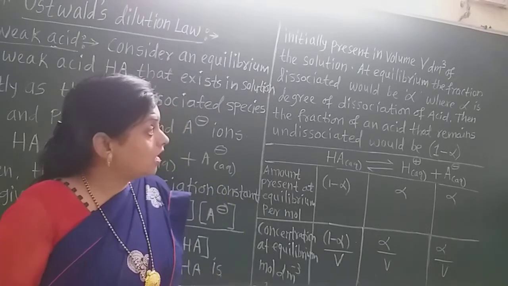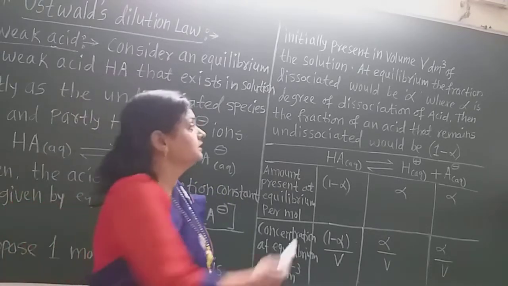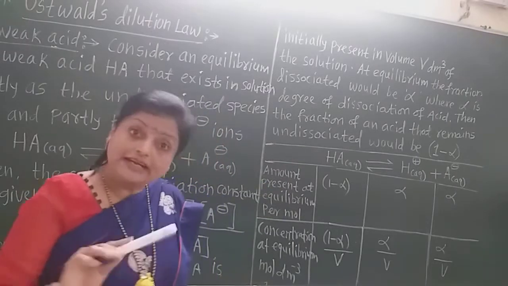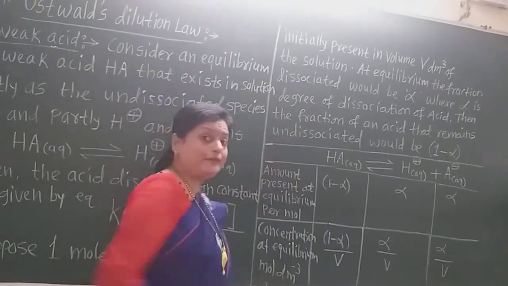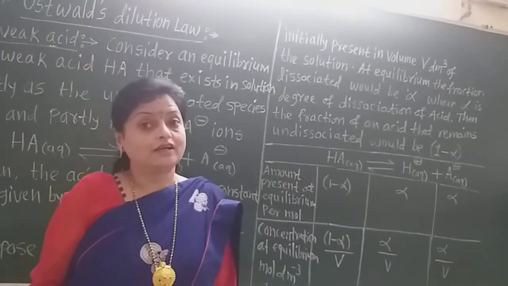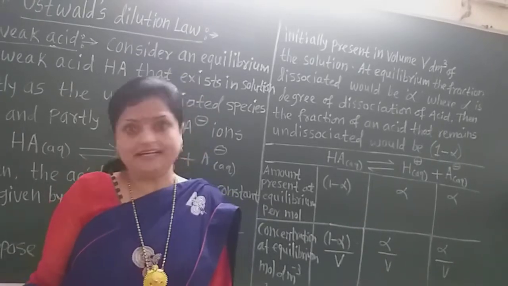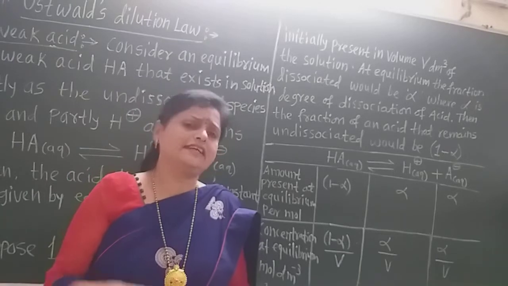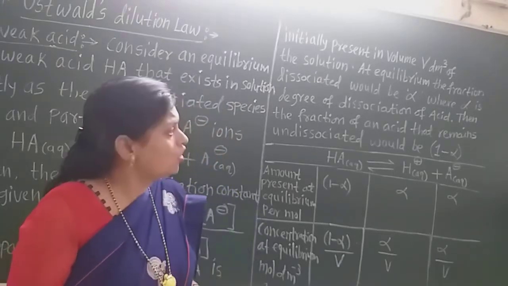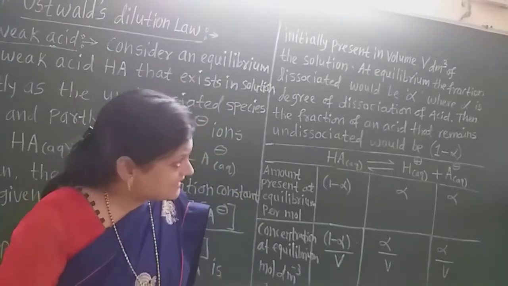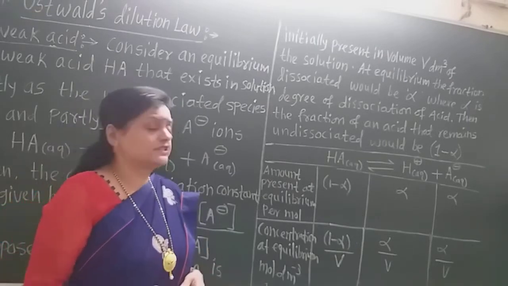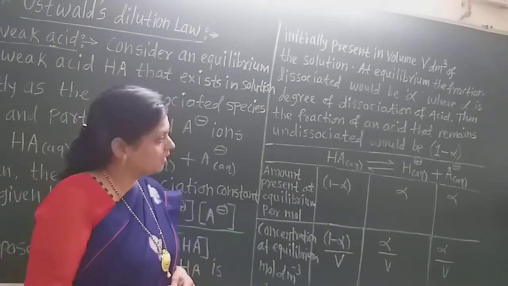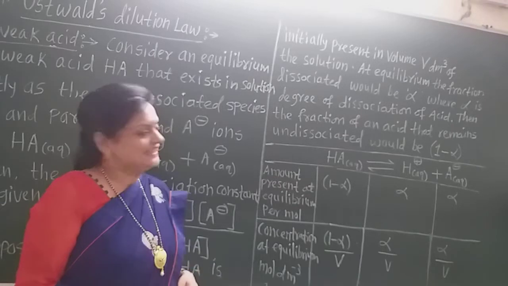So then the fraction of acid that remains undissociated would be, how do we calculate that? From the 1 mole only alpha gets dissociated. So how many molecules remain undissociated? 1 minus alpha. So the fraction of acid that remains undissociated will be 1 minus alpha. Now we can write this in this way.